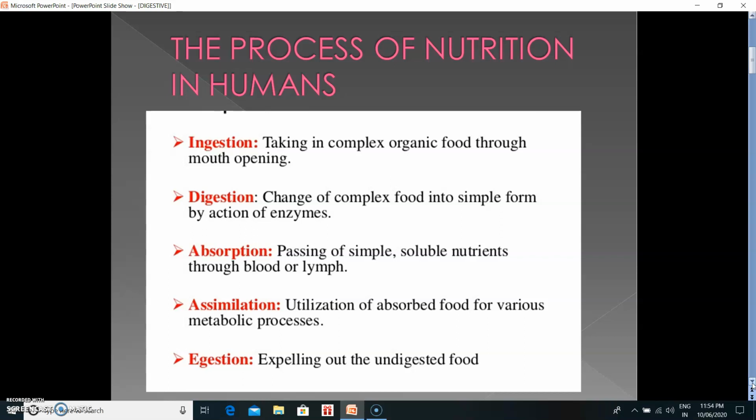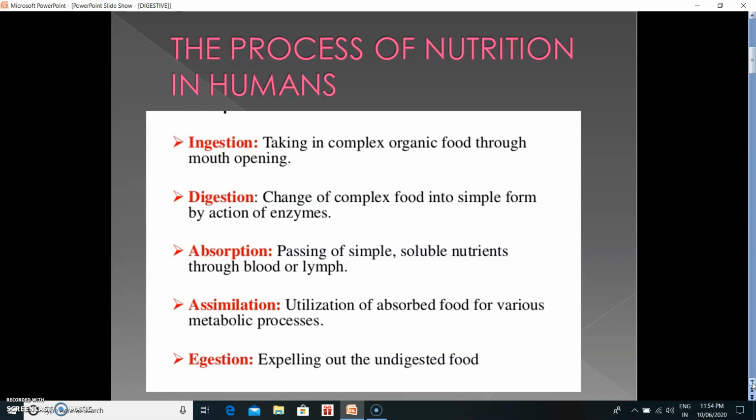In the further half of the chapter you'll know what enzymes are and what their different parts are. Then the third stage is your absorption. After you chew the food, after you convert the complex food into simple, that passes through a channel and you absorb it. The nutritive value is being absorbed through blood or lymph. Then comes your fourth stage, that is assimilation.